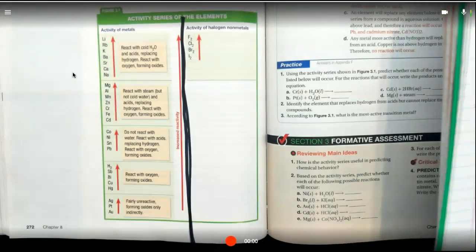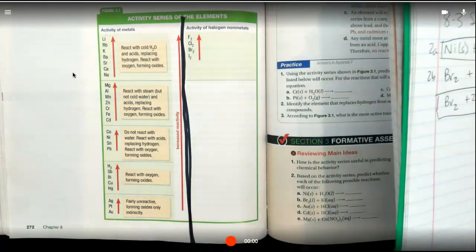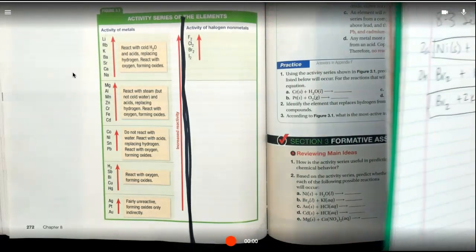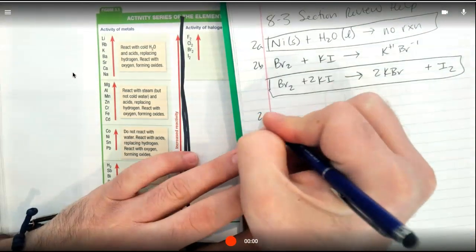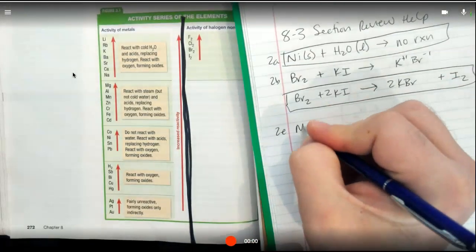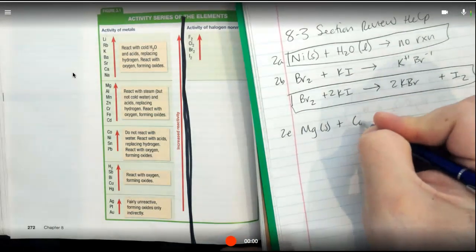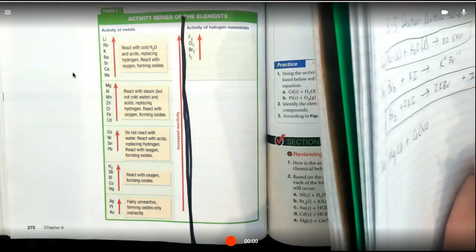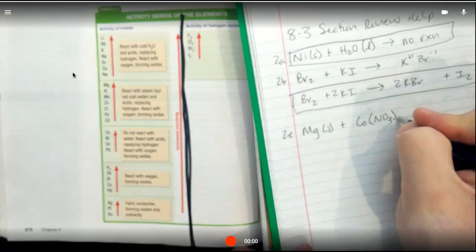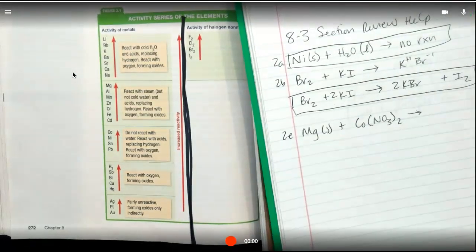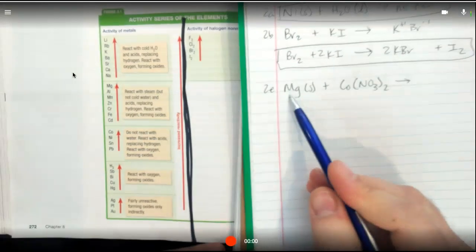Let's take a look at 2E. 2E, we have magnesium reacting with cobalt(II) nitrate. So the solo element here is magnesium.